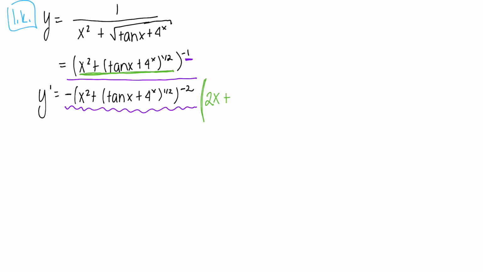plus, now this thing right here has its own inside, right? So we have to take the derivative of the outside part first with this 1/2. So plus 1/2 tangent x plus 4 raised to the x, raised to the negative 1/2. And then the derivative of the inside, the derivative of tangent x plus 4 to the x.